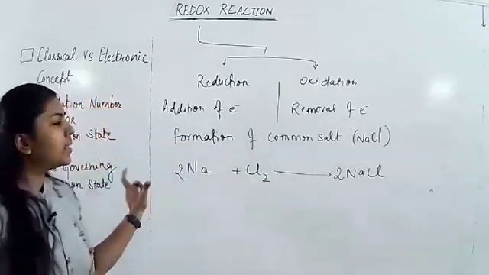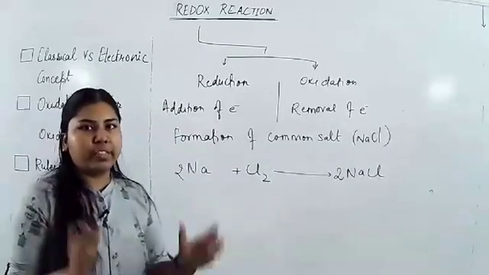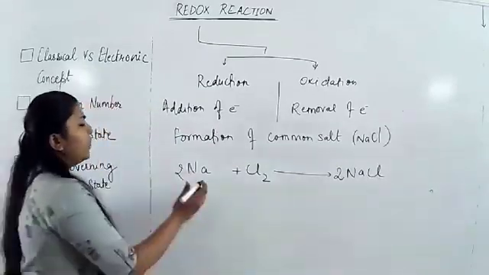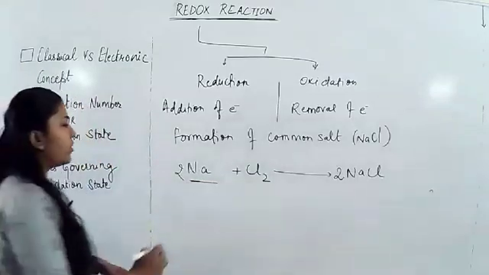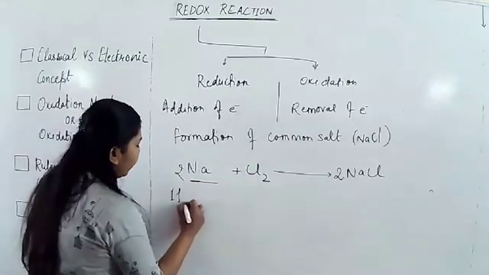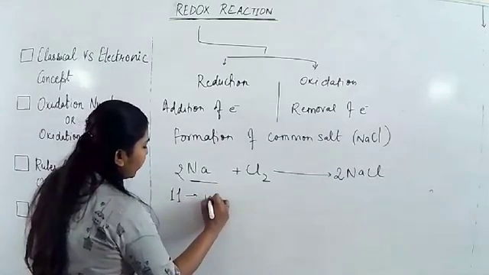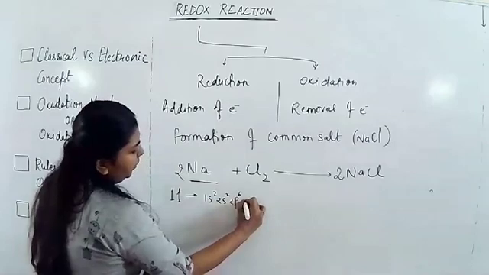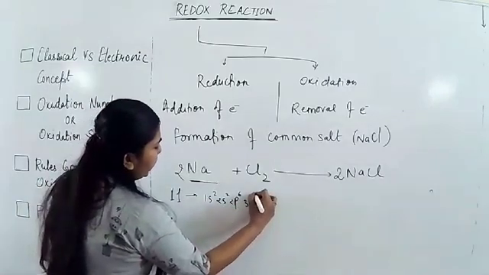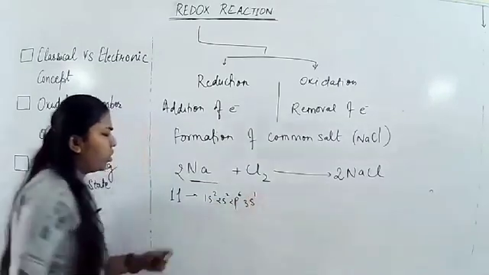So let us split the reaction in the form of reduction and oxidation. Sodium is electropositive; its atomic number is 11 and its configuration will be 1s2, 2s2, 2p6, and 3s1.